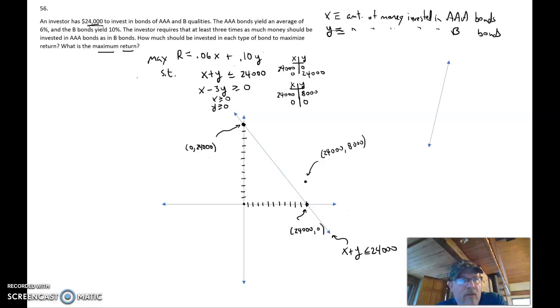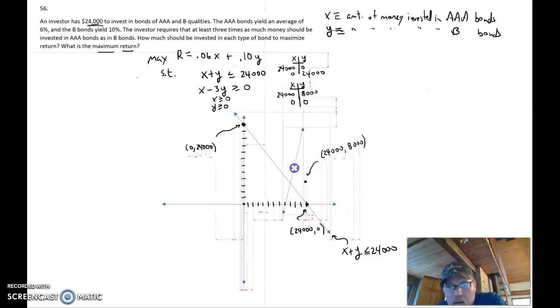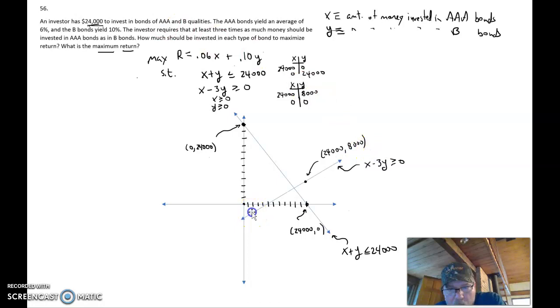So let me go grab this line, slide it over, orient it the right way. Here we go. I'll put that through there. I'll grab this, make it go over here. Here we go. And grab this, if I can, make it go over here.